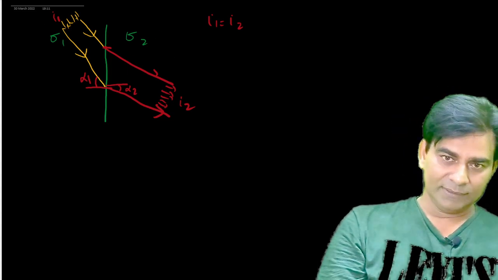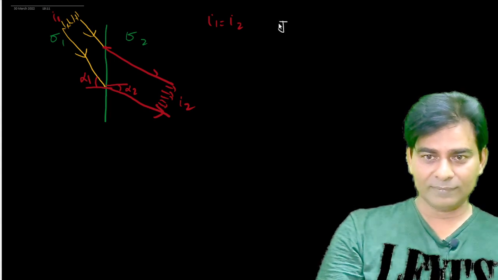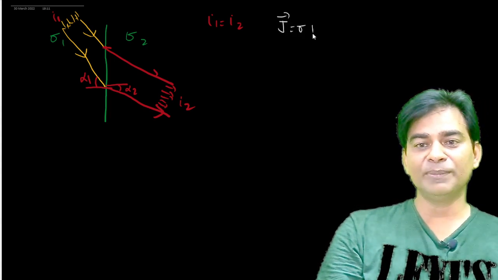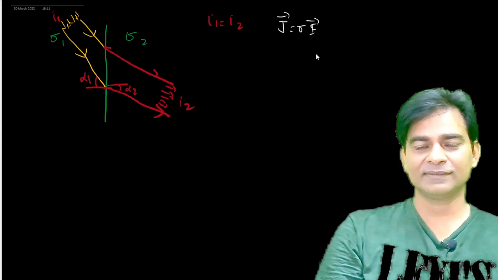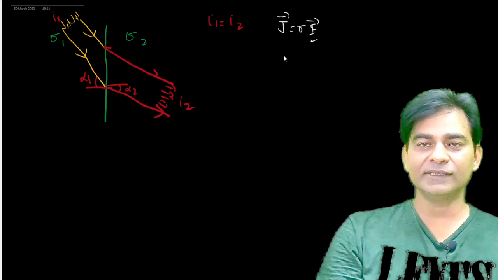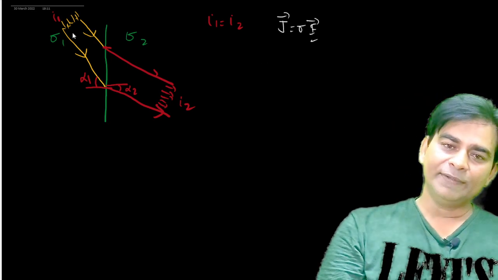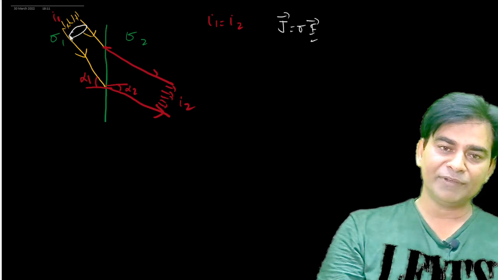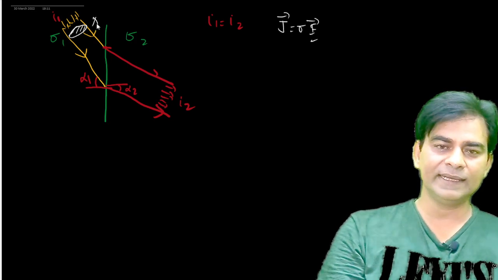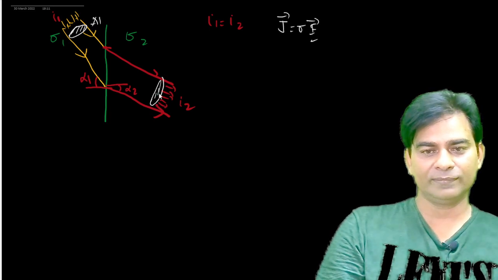You must have known J is equal to sigma E. Here J is current density, sigma is conductivity, and E is the electric field. Let's say this area is A1 and this area is A2.